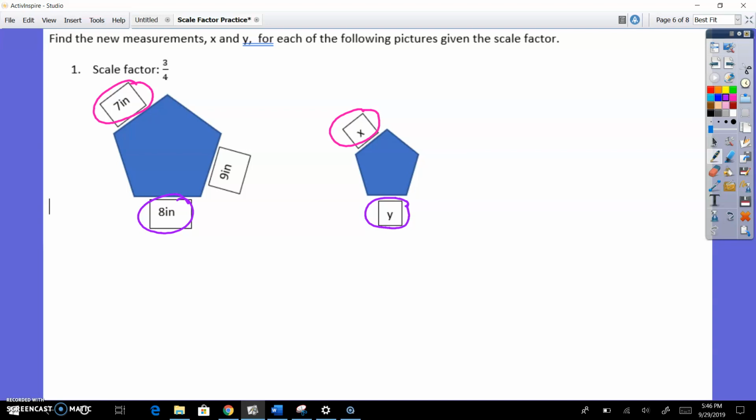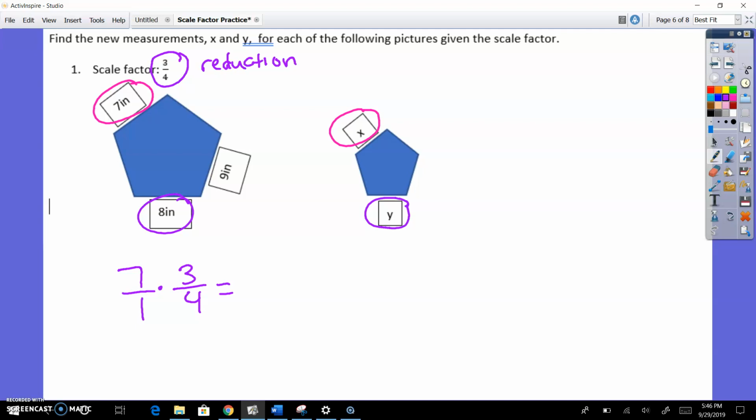And so our scale factor is 3/4, so it's getting smaller. So we call that a reduction. And so our numbers should be smaller. So we're just multiplying our x times our scale factor to get our new image. So you're doing 7 times 3/4 equals, put it over 1 to keep it organized.